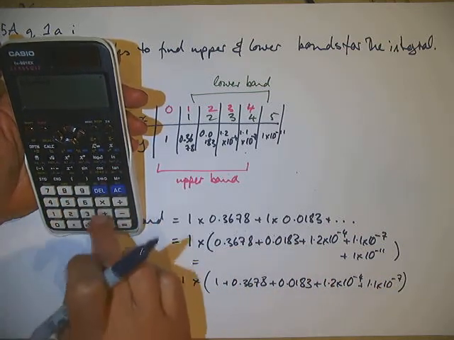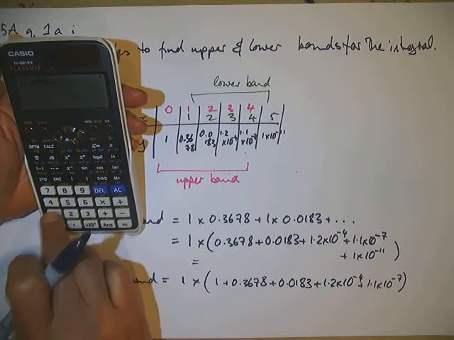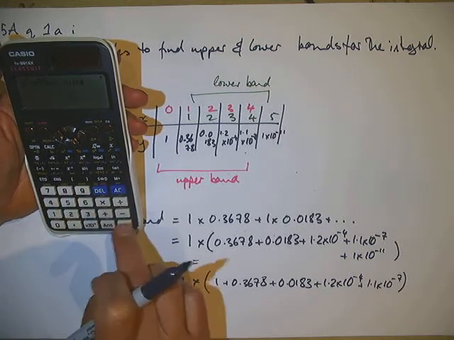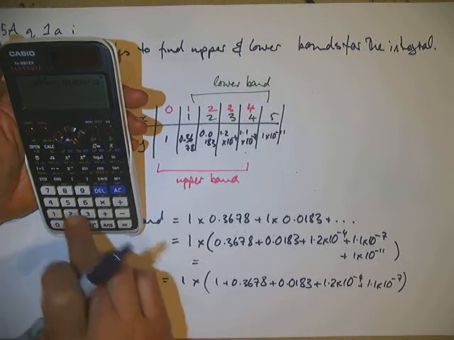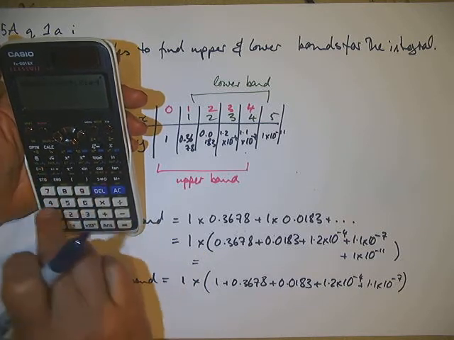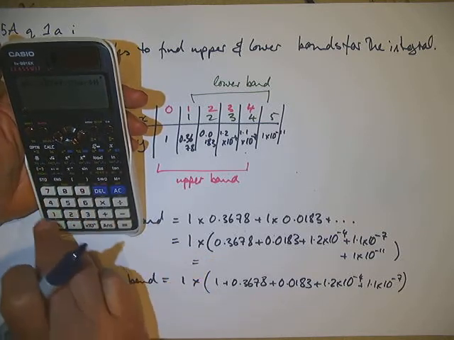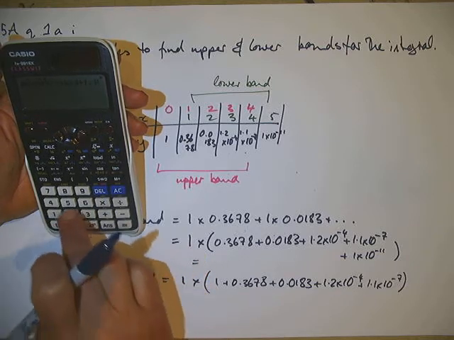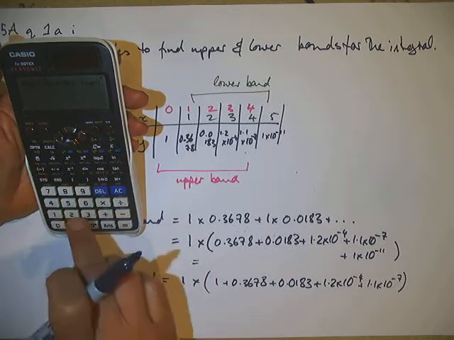0.3678 plus 0.0183 plus 1.2 times 10 to the minus 4 plus 1.1 times 10 to the minus 7.